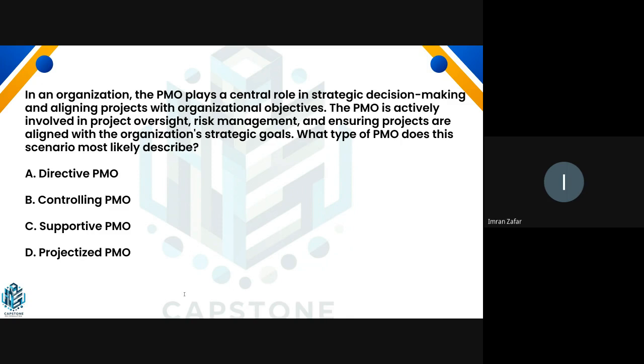So for this reason, and for the scenario presented here, where the PMO is playing a central role in aligning the project with organizational objectives and is actively involved in project oversight and everything related to the project, that's why it is a directive PMO.